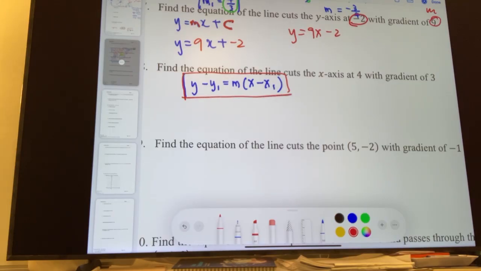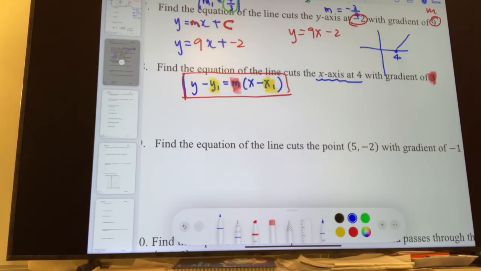So what we need is a point, which is your x1 and y1. We need a point and a gradient. Those are the two things that we need. So far I have the gradient, which is 3. And do you have a point? I think you do. The line cuts the x-axis at 4, which is right in here.